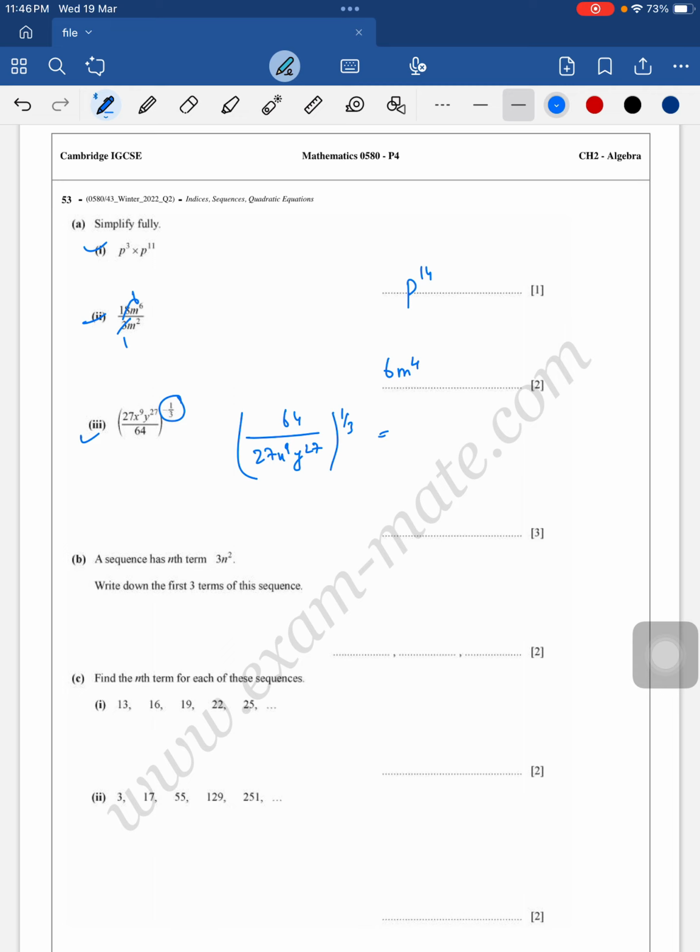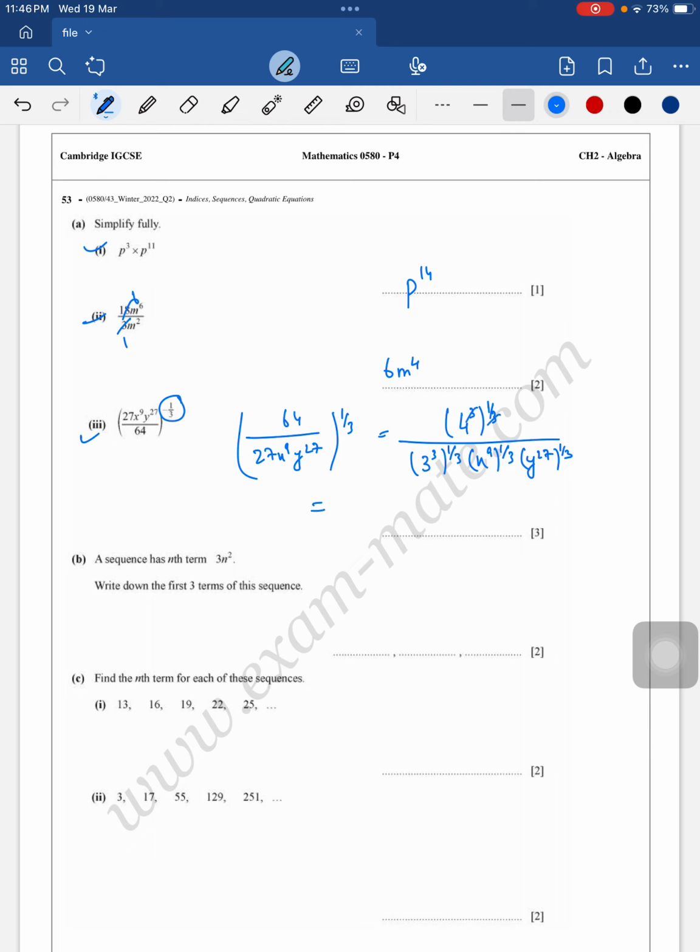Now think of any number which, when I take its cube, I get 64, that is 4. In the denominator I have 27, again it's a cube of 3. I am giving power 1 upon 3 to all the terms so that I can simplify it individually, right?